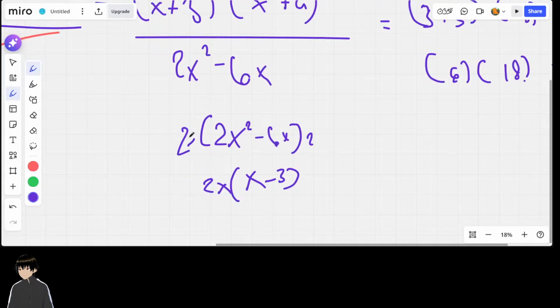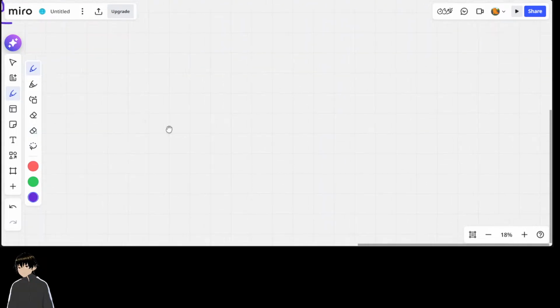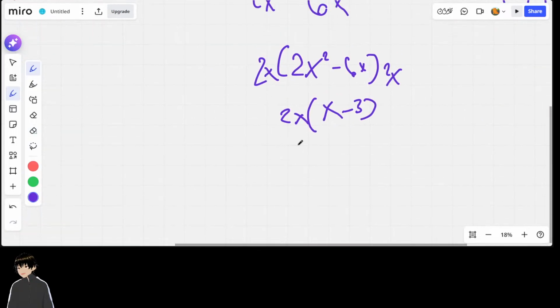Divide each term by 2x. Okay. So 2x times x minus 3. 2 times 3 is 6.